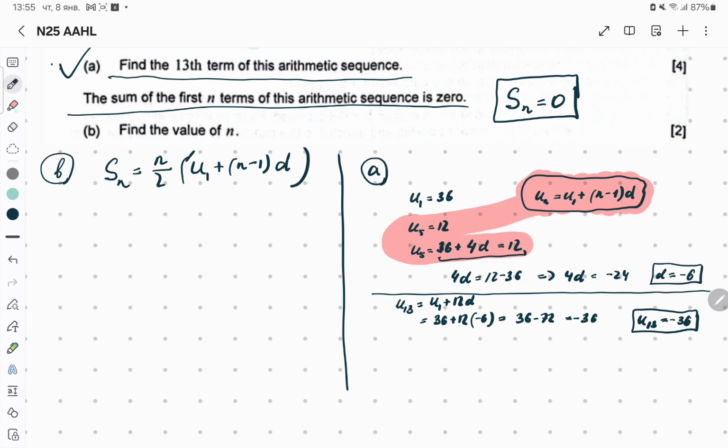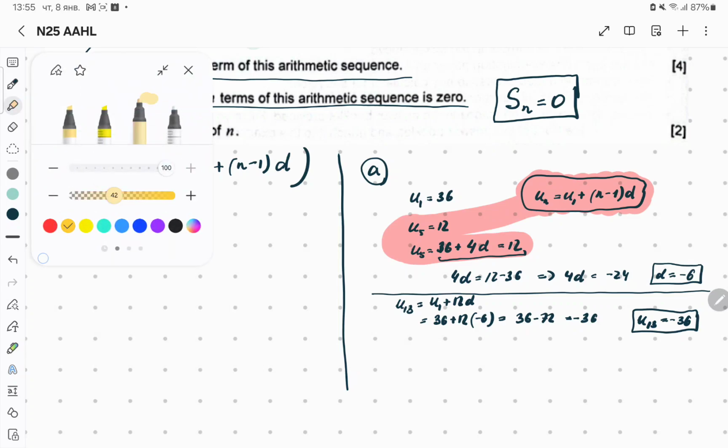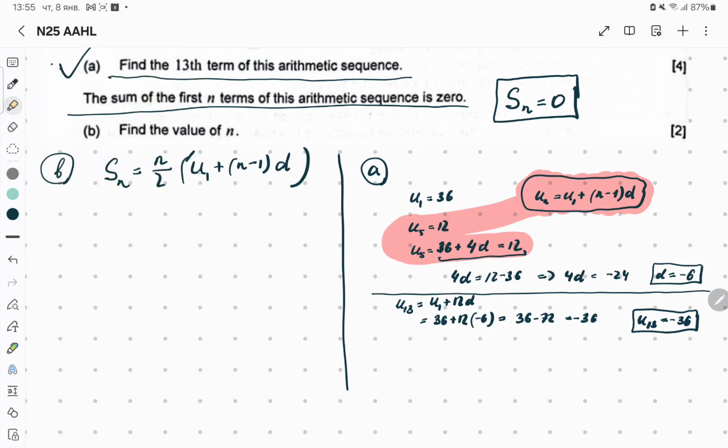We know u1, we know d, right? And Sn is equal to 0, so this whole thing is equal to 0. Now let's simplify. u1 is 36, plus n minus 1 times d, where the difference is negative 6.